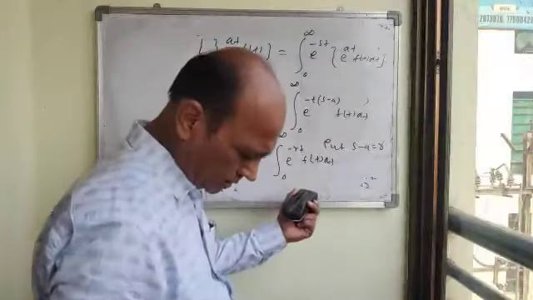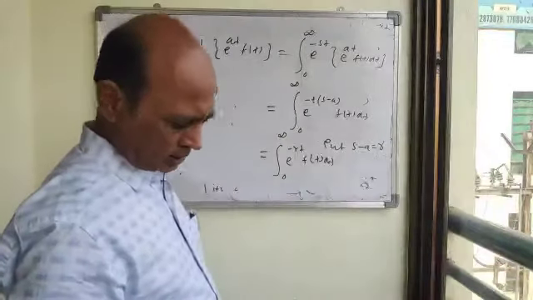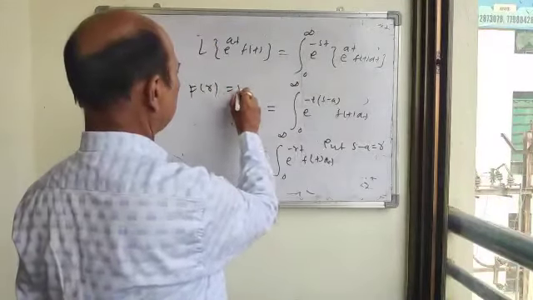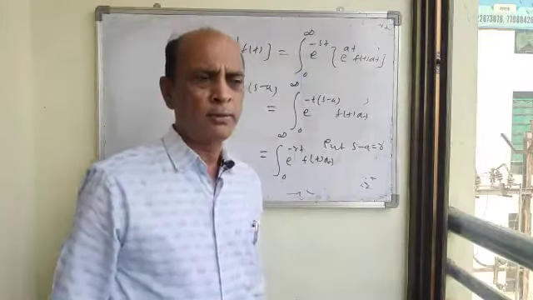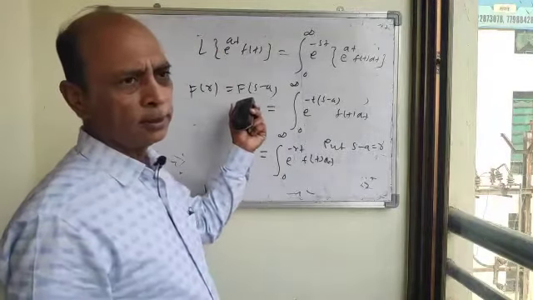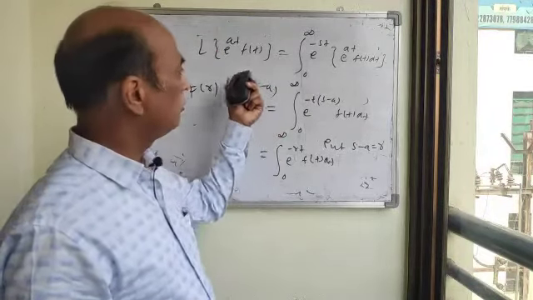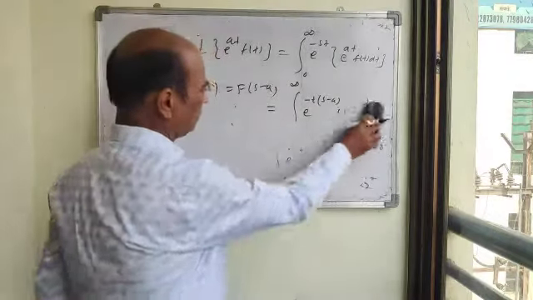And what is this? This is capital F of r. And what is r? s minus a, and therefore F of s minus a. Therefore, if the transform of f of t is given, then you can directly find the transform of e to the power at f of t by using this first shifting theorem.